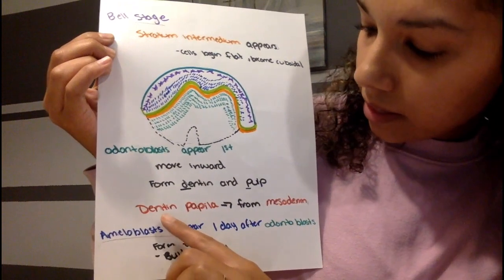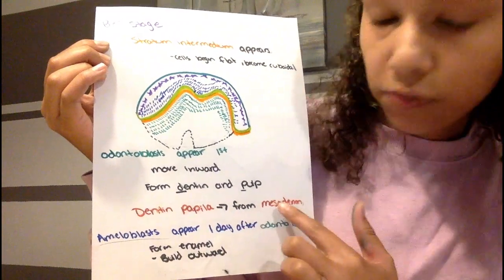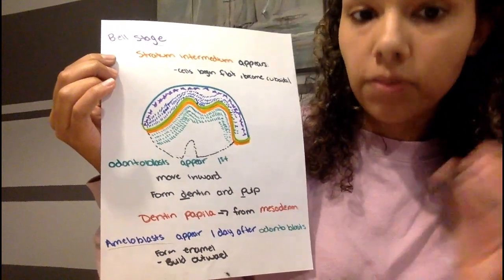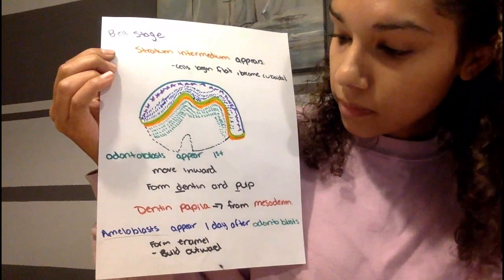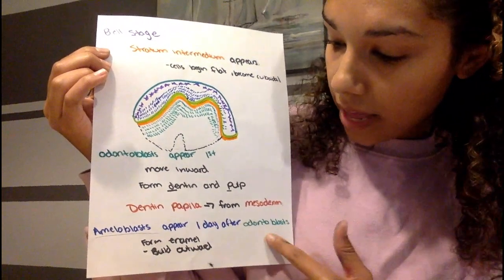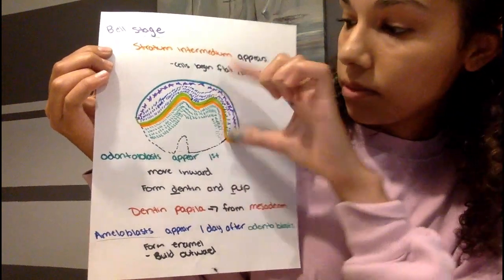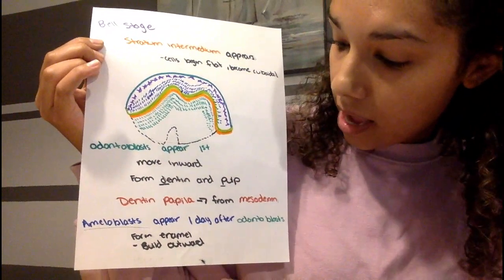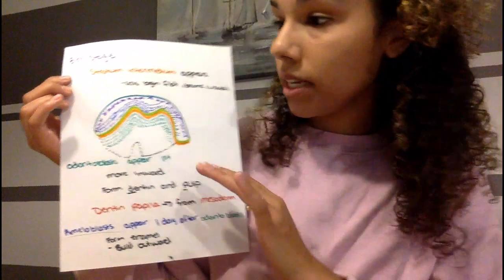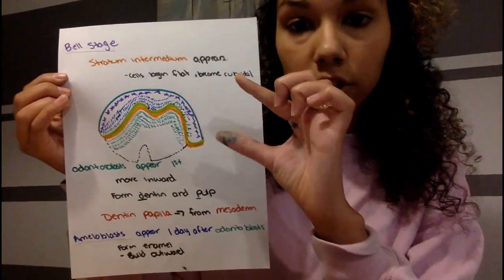This is part of the dentin papilla, which is formed from the mesoderm. Like we learned before, the mesoderm is the middle, the dentin, and the pulp. Ameloblasts appear after 1 day of the odontoblasts, and they move in opposite directions. These form enamel, and they build outward. Okay, so we're in the bell stage, and we just continue until we get our little tooth.